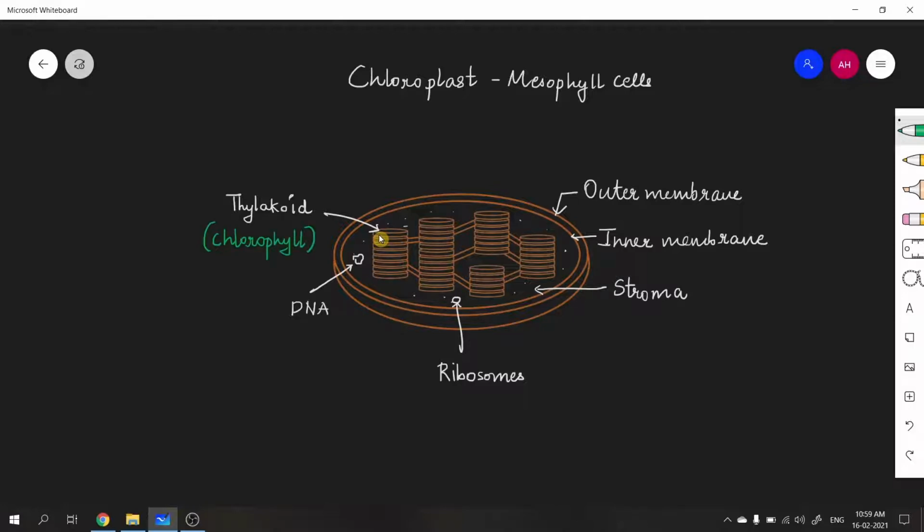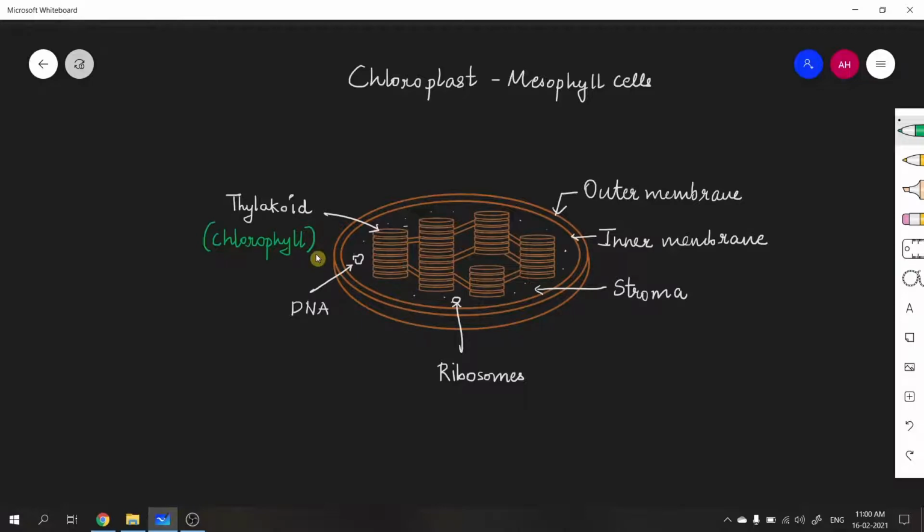Chlorophyll is present in the walls of the thylakoids where the process of photosynthesis begins. Of course, the process also continues in the stroma, the ground substance. I'm going to explain that in some time. But right now, understand that chlorophyll is an important pigment responsible for photosynthesis, and it is present inside the membrane of the thylakoid.